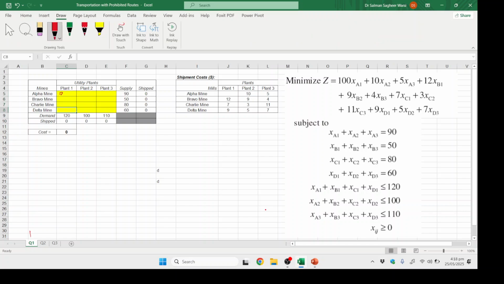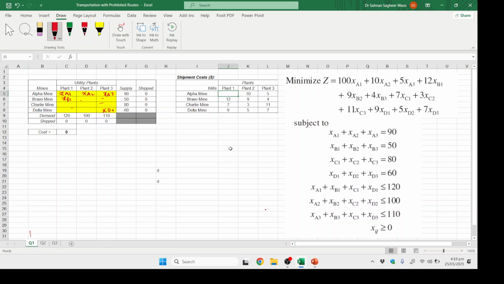This is xa1, and this is xa2, this is xa3, this is xb1, and so on, and this is xt4, and so on and so forth. And here we have the cost data from each mine to each plant.